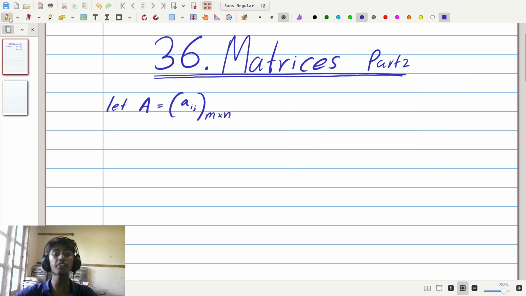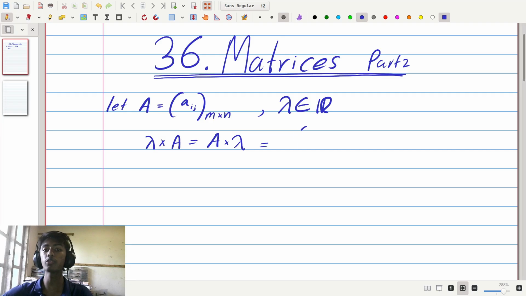Given this, the next thing we need is a real constant lambda. So we're also going to define a real constant lambda, which is an element of the real numbers. Now lambda times A, or in fact A times lambda, since both of them are actually the same thing, is simply equal to the matrix lambda times A sub ij, which is again an m by n matrix.